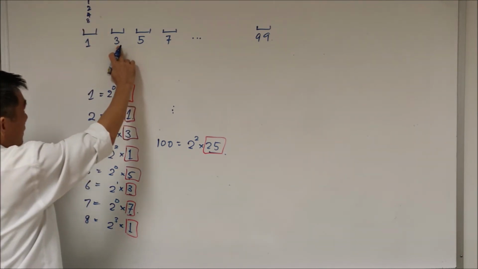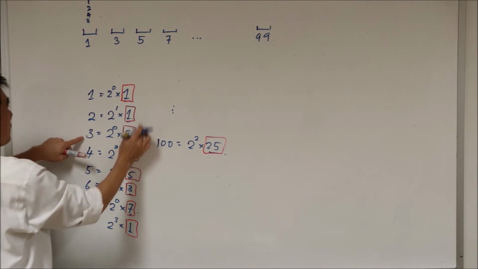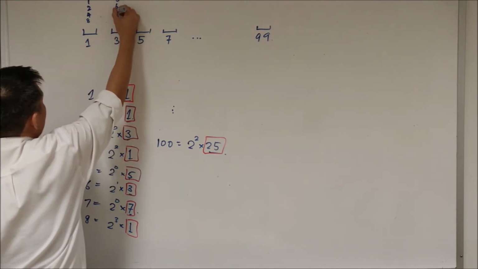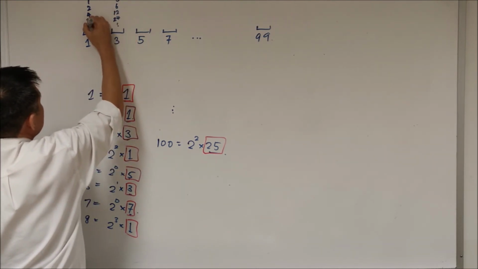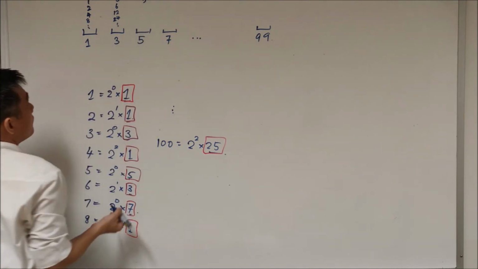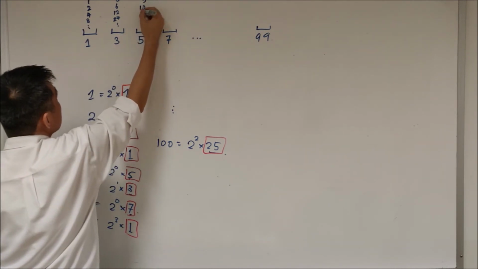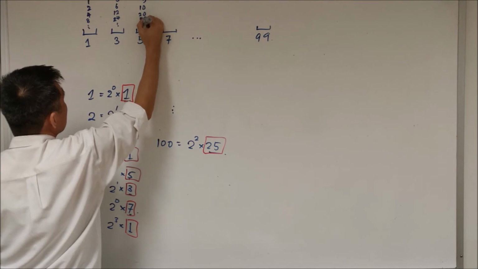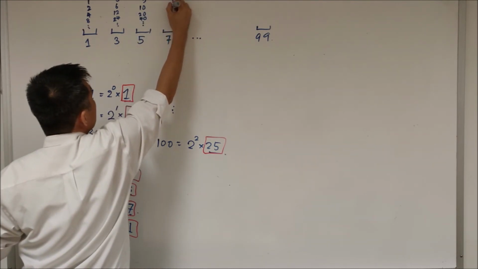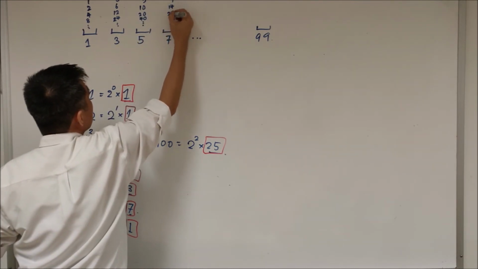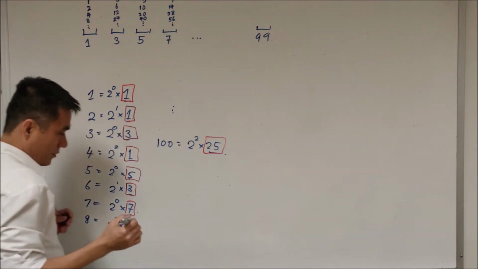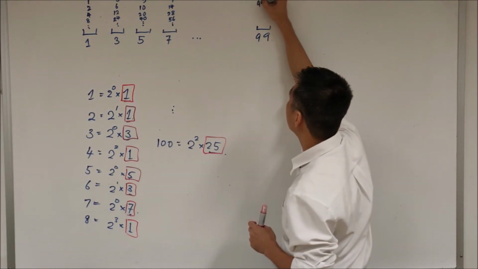For the box labeled 3, I can include 3, 6, 12, 24, and so on. For this one, it is 5, 10, 20, 40, and so on. This is 7, 14, 28, 56, and so on. For 99, it is just 99.